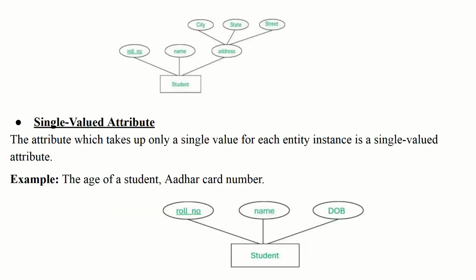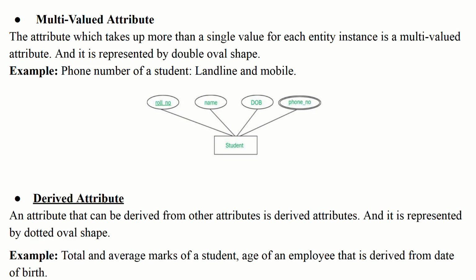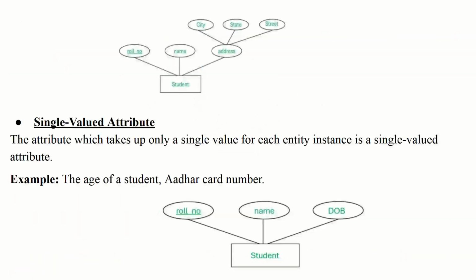Then comes the single valued attribute. A single valued attribute means we cannot add more than one value in a cell, because in a database we cannot add values separated with a comma. Even if you add a comma, an error will come. Let me explain multi-valued so you will get a clear understanding of single valued.